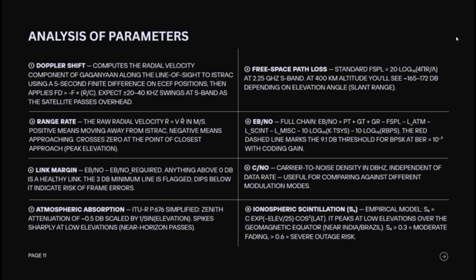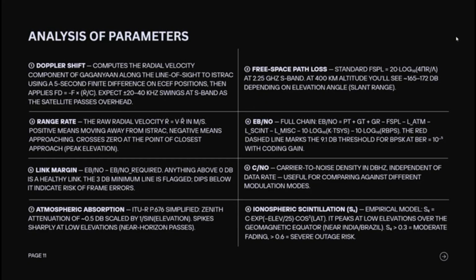Since the spacecraft is moving at very high speed in low Earth orbit, the signal frequency keeps changing. When Gaganyaan moves towards the receiver, the frequency increases, and when it moves away, the frequency decreases. So in our simulation, we can observe how the Doppler shift changes during the revolution and how the system adjusts to maintain stable communication.